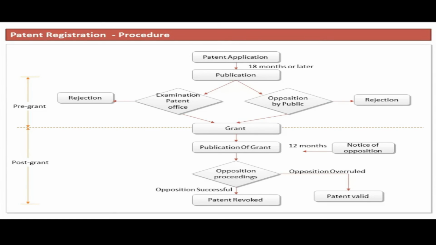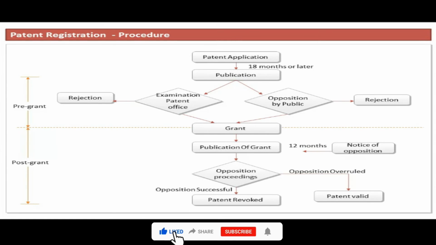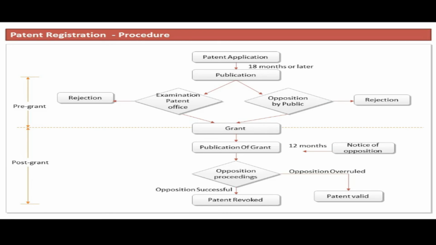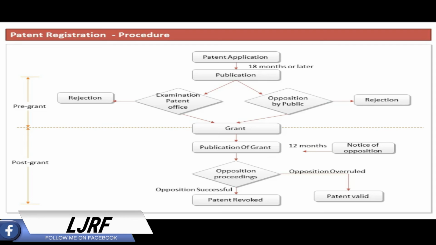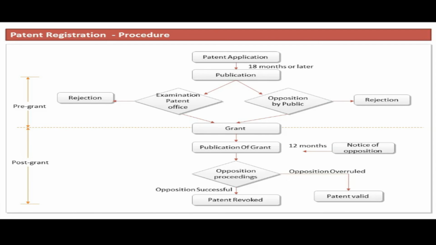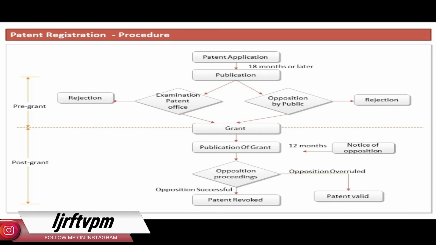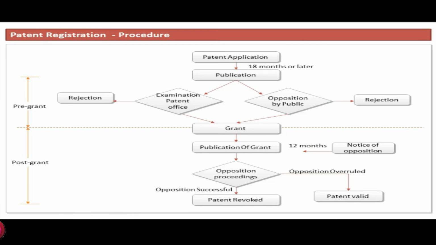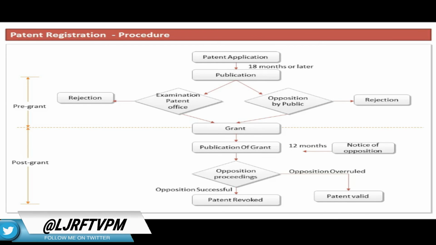Then definitely there is going to be a hearing, and if you come out successfully, you pass both tests. You pass the formal test, and you pass the informal test from the public also. Once you pass this twin procedure, the patent search in the patent office and the opposition from the public, then definitely it will be granted.